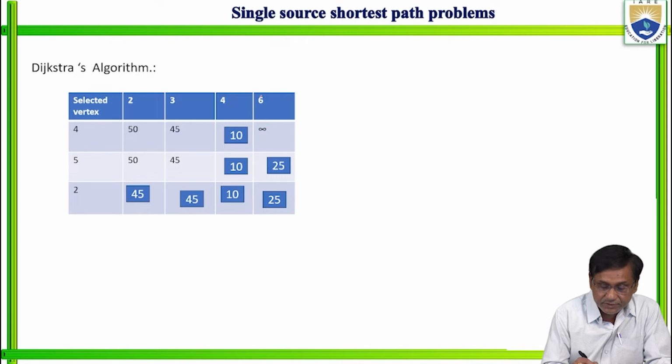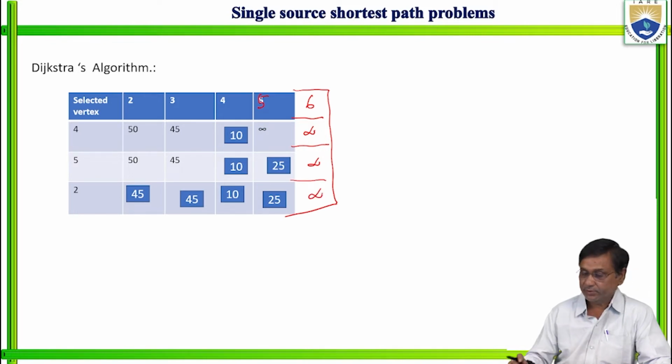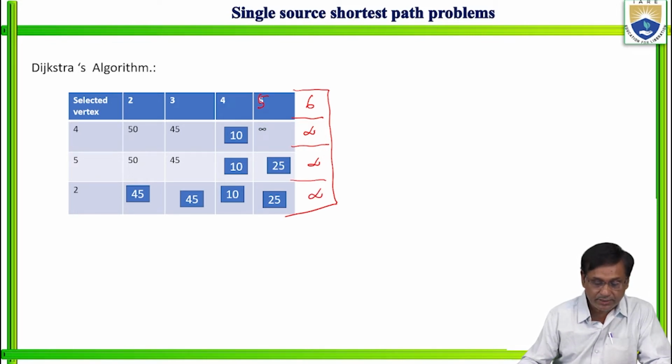So this is 6, infinity, infinity, infinity. So in this we calculated like this. In this the lowest is 45.